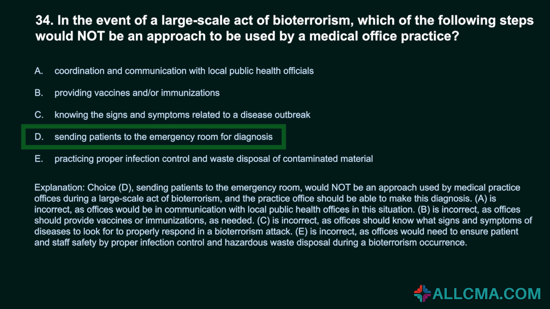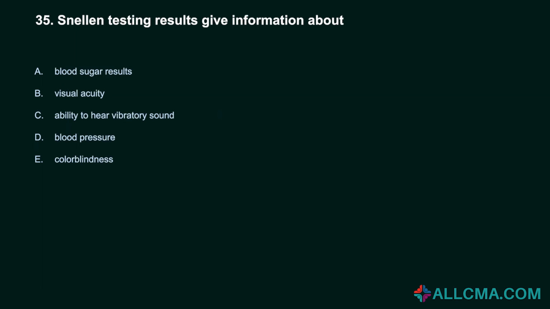C is incorrect, as offices should know what signs and symptoms of diseases to look for to properly respond in a bioterrorism attack. E is incorrect, as offices would need to ensure patient and staff safety by proper infection control and hazardous waste disposal during a bioterrorism occurrence.